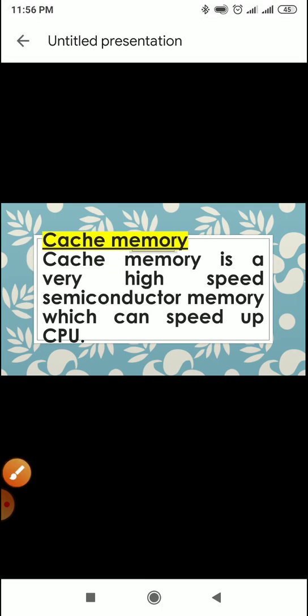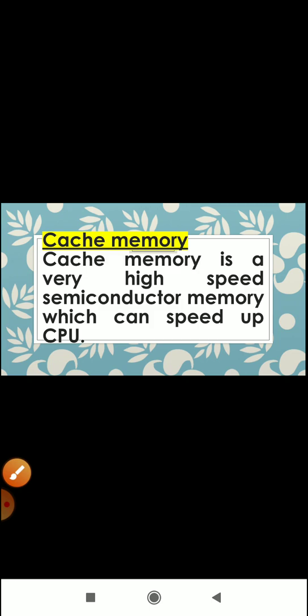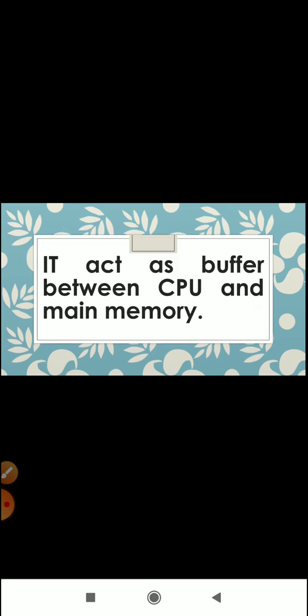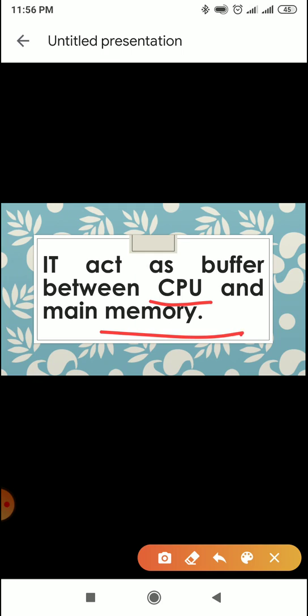First one, cache memory. What is cache memory? Cache memory is very high speed semiconductor memory which can speed up the CPU. It acts as a buffer between the CPU and the memory.